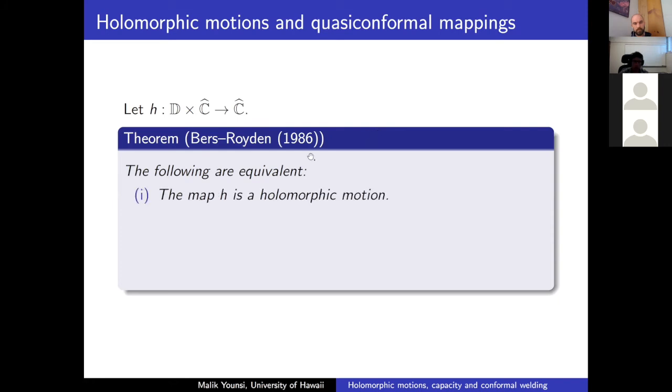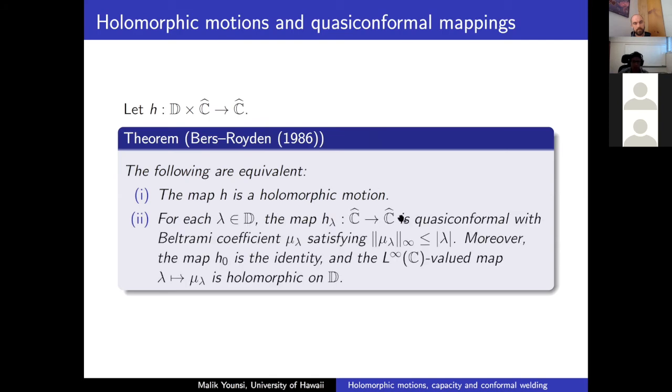The map H is a holomorphic motion. And then we have that the maps H lambda have the following properties. H lambda is a quasiconformal homeomorphism of the sphere. Its coefficient norm is bounded by the modulus of lambda. Also, the map H0 is the identity. That's always the case for a holomorphic motion.